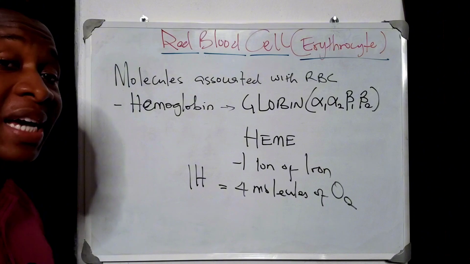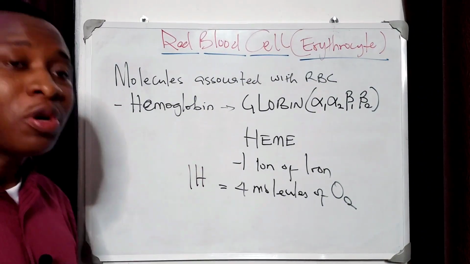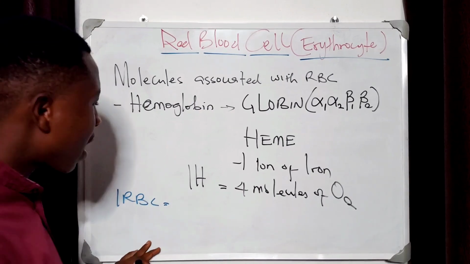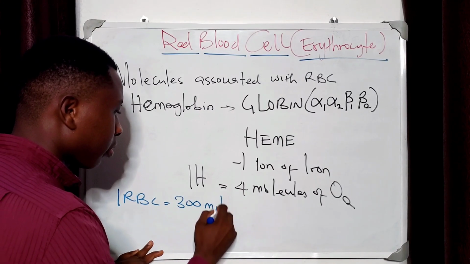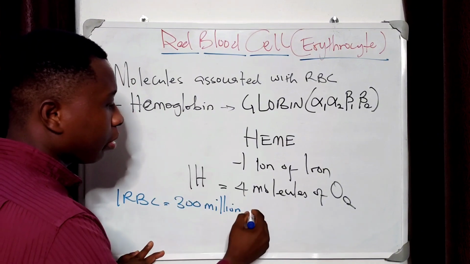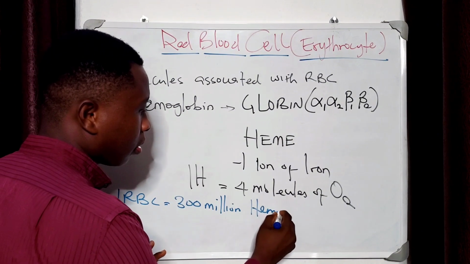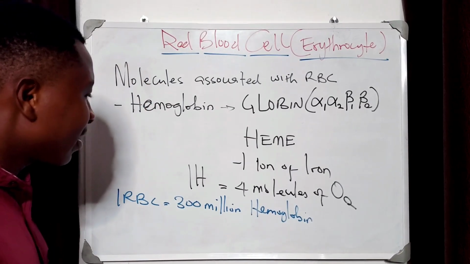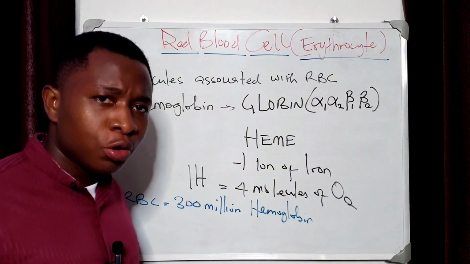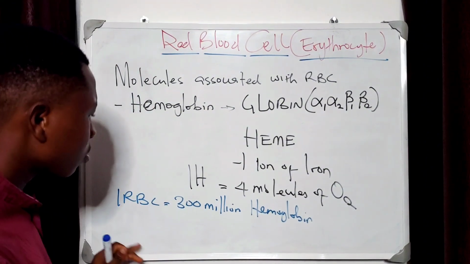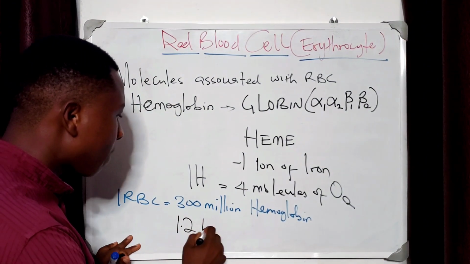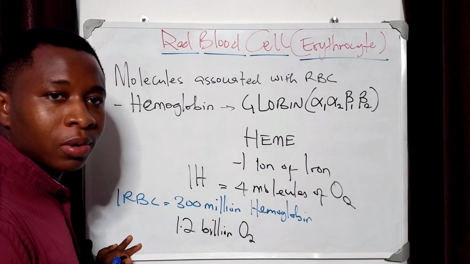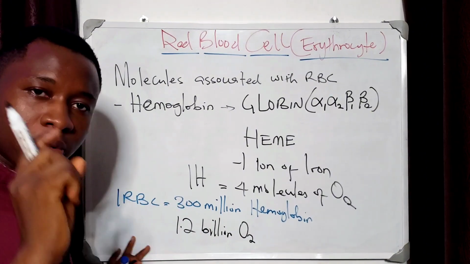So it is scientifically proven that one red blood cell contains about 300 million hemoglobin. Okay, so if one red blood cell contains 300 million hemoglobin, do the maths, we would have about 1.2 billion oxygen molecules being carried by a single red blood cell.